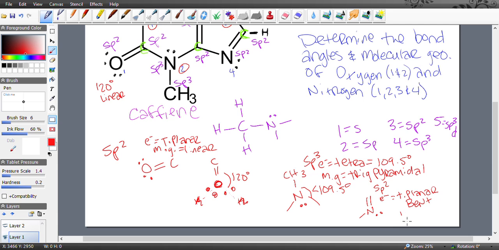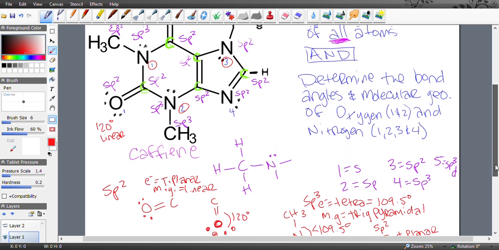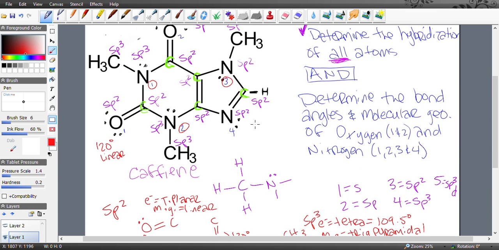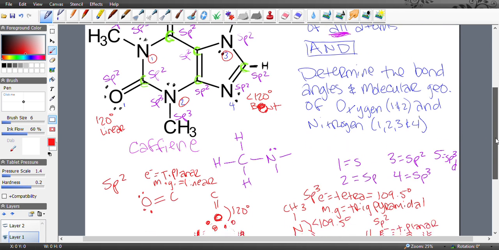So with trigonal planar, we know it's 120 degrees, but since we have this extra electron group right here, it's going to repel it. So the actual angle is going to be less than 120 degrees. So this guy right here, angles are less than 120 degrees. Molecular is bent. Sorry, that was horrible. And that makes up that part.